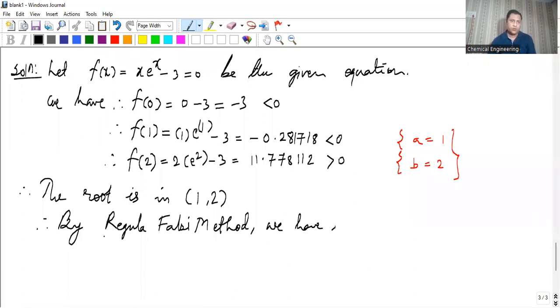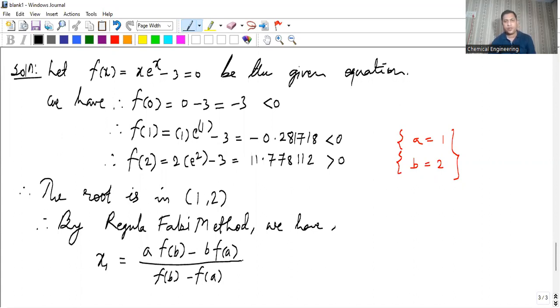By the Regula Falsi method, we can go for the first approximation as x1 equal to a f of b minus b f of a upon f of b minus f of a.